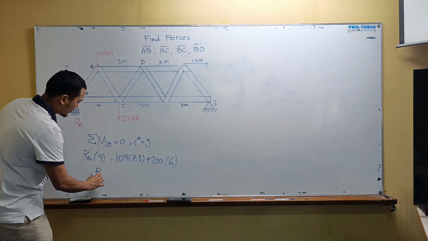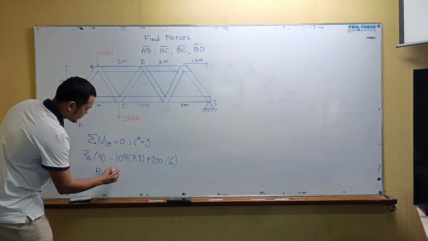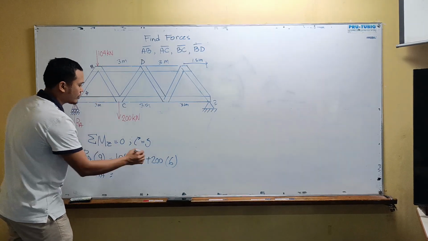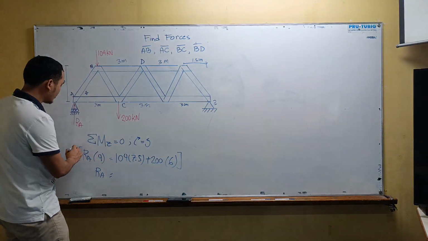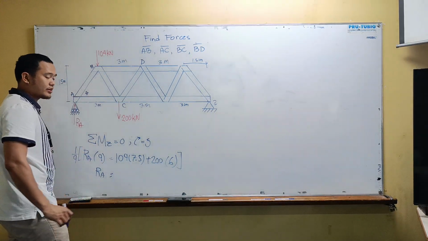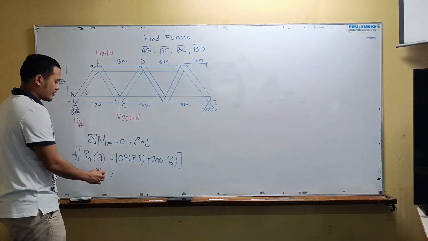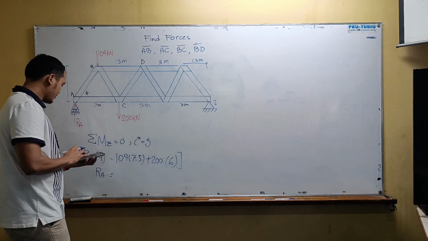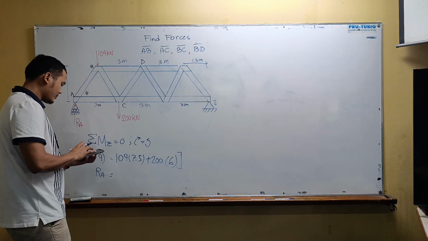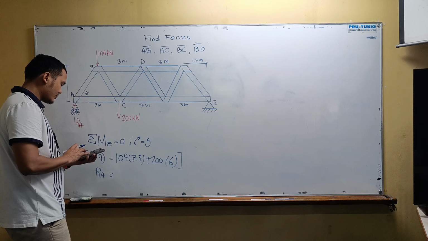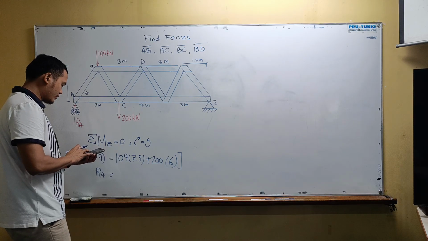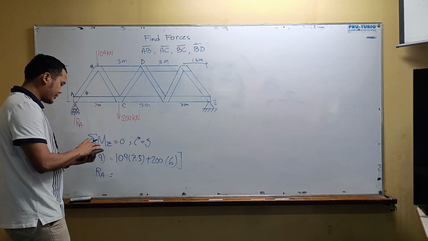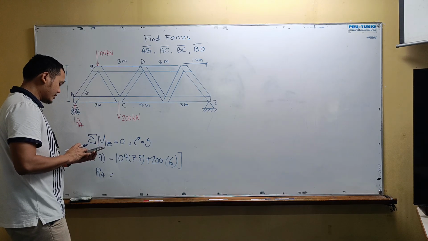Now we can solve RA. Of course, you just divide both sides by 9. Now you will get 104 times 7.5 plus 200 times 6, divided by 9.